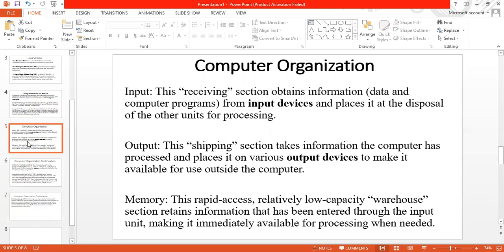I talked about the output, which is our shipping section. They help us to give information back to the outside world. So they take information from the computer to the outside world. I talked about the memory, which is our warehouse that we use to retain information.